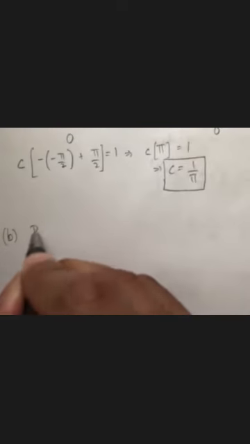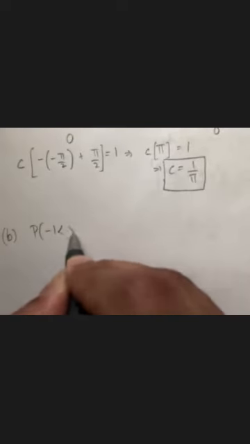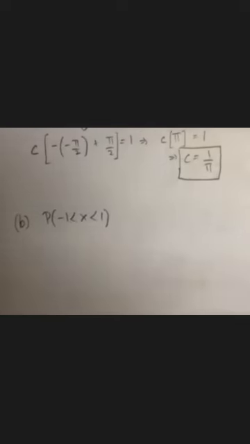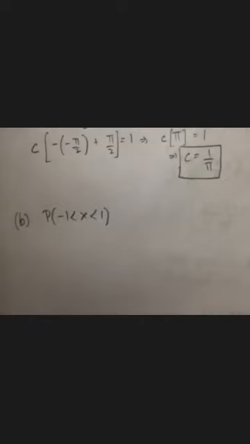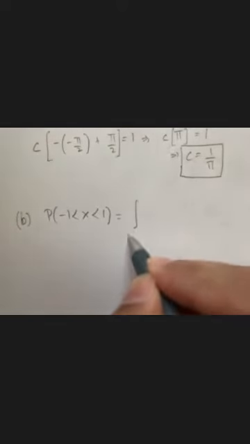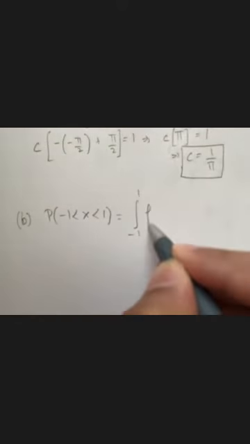For what value of c? For that value of c, find the probability. So now we have to compute the probability that x lies between negative 1 and 1. So this probability is given by the integral from negative 1 to 1.